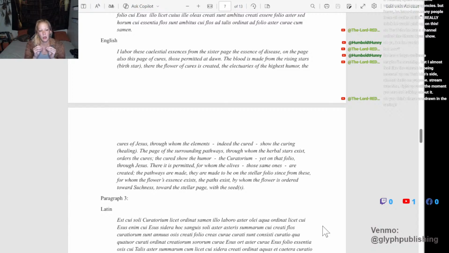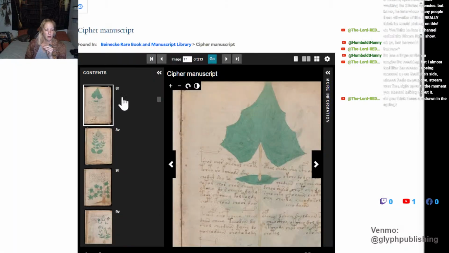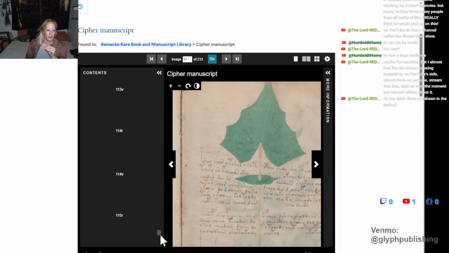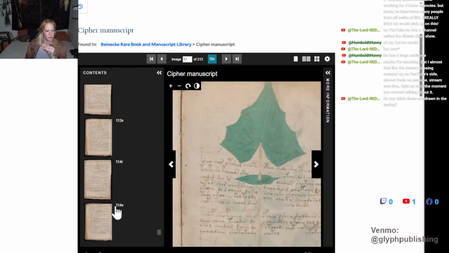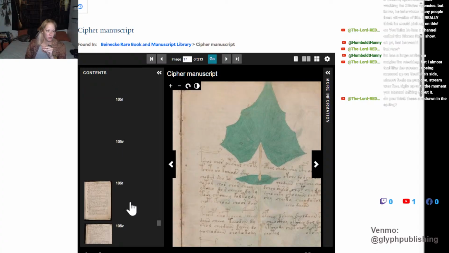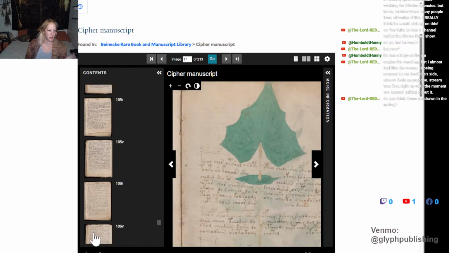He's referencing the Folio Astrologicorum. The Folio Astrologicorum is actually the celestial map. Okay, that is the page of the surrounding pathways. Okay, these are all the pages of disease.